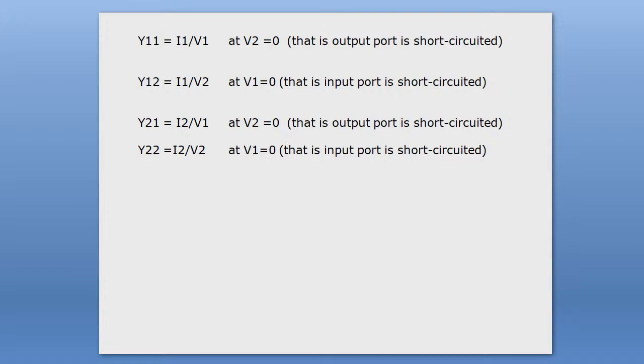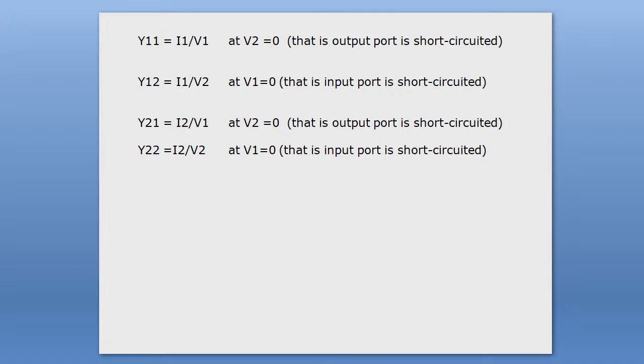You see, admittance means what? The reciprocal of impedance, and impedance equals the ratio of voltage to current. For this case, this parameter is the ratio of current to voltage, so it is the reciprocal of impedance, and that reciprocal of impedance is called admittance.